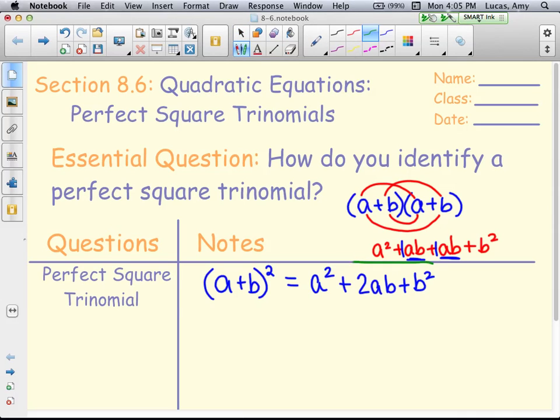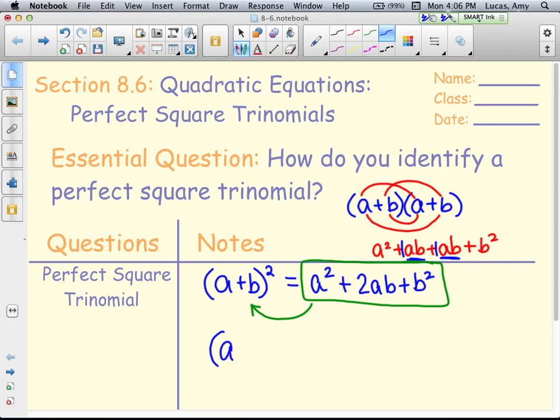Right here, this is a perfect square trinomial because if I factored it, I get the same factor repeated twice: (a plus b) times (a plus b), or (a plus b) squared. So if both of your factors are exactly the same when you're factoring a trinomial, that makes it a perfect square, because it's a binomial times itself.